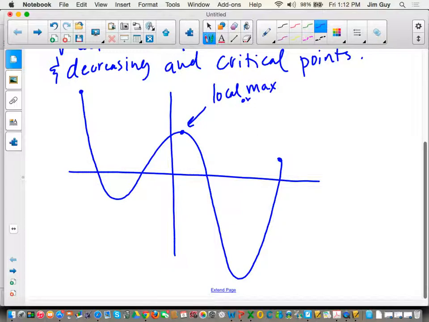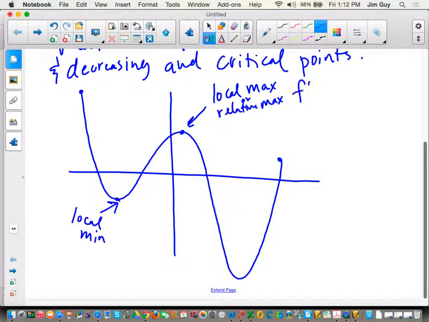Or relative. It's relative to its area or its position, in other words. So if they say find local maxes or mins, the local max is just a point like that. This would be a local minimum right here. And what did we already say? What is occurring at that point? How do you know that's going to happen? You bet.